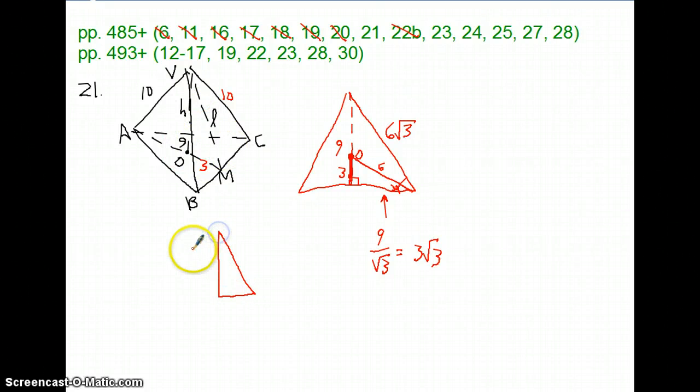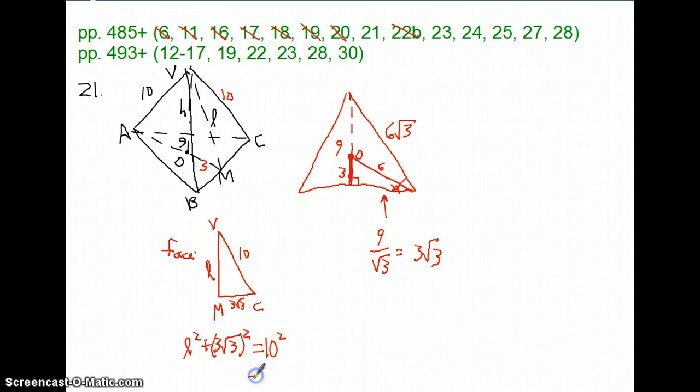Let's look on the lateral face, say VMC. I know this is 10. I know this is 3 square root 3, and I'm looking for L. Okay, L squared plus (3 square root 3) squared is 10 squared.